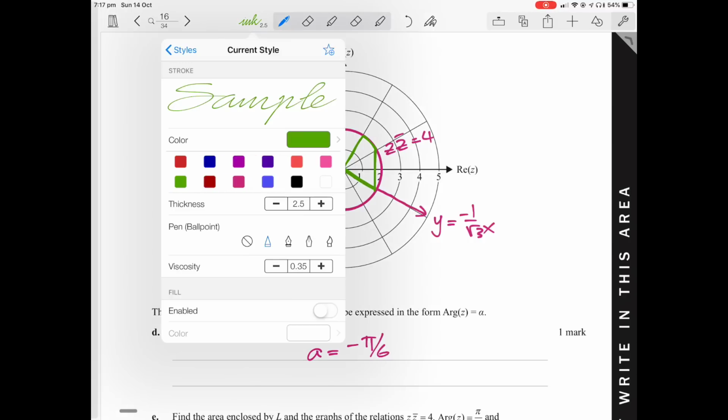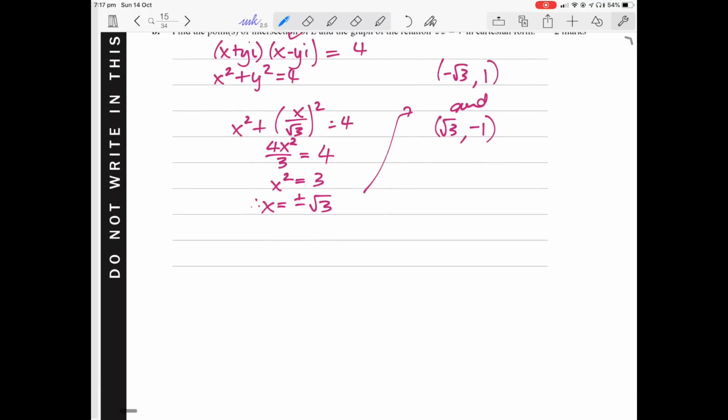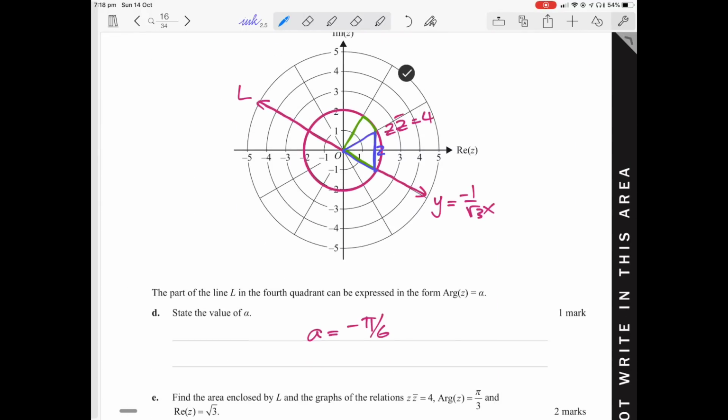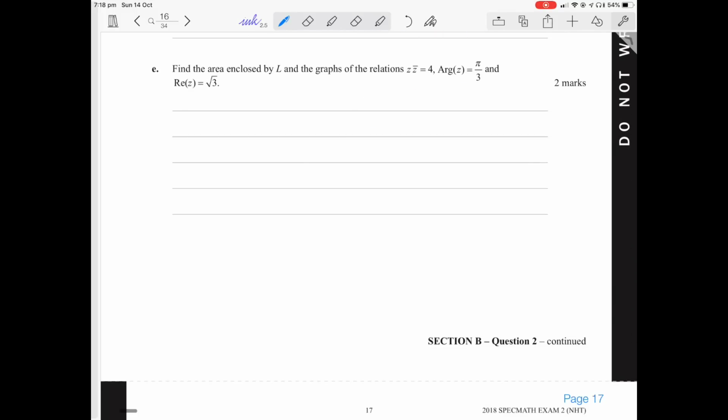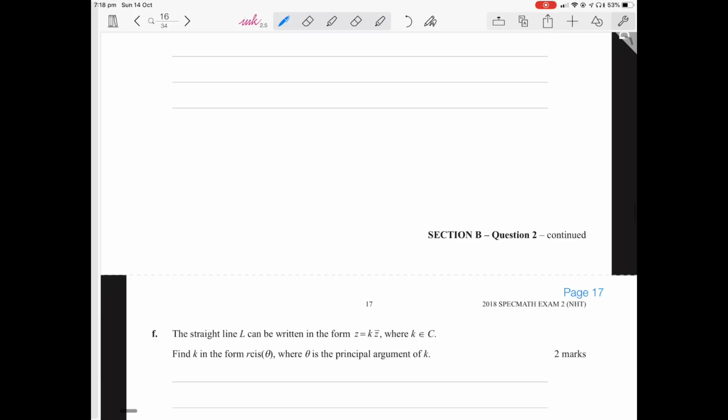Okay, so if we have a look at this, we've got two distinct areas that I can see. We've got a triangle here. That length there, we just found the coordinates for negative 1 and 1. So that length there is 2. We know that length's root 3. So my area is a half times 2 times root 3, which is this triangle here. And then my other one here, that's 30 degrees out of a full circle, so it's 1/12 of a circle of radius 2.